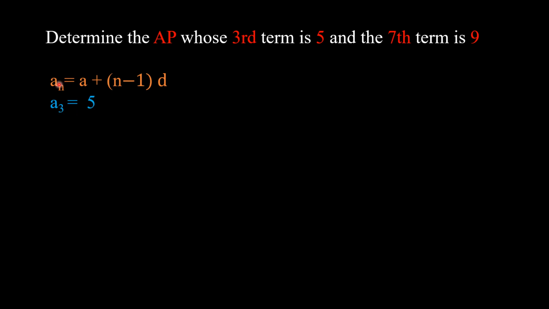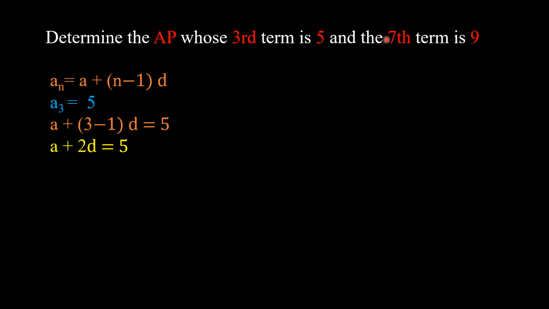According to this general form, we write A3 as A plus 3 minus 1 into D, because n here is 3, which equals 5, because the third term is 5. So we will get A plus 2D equals 5.